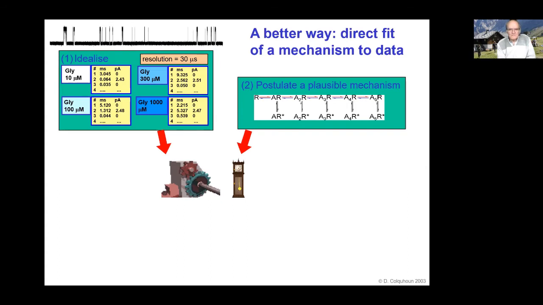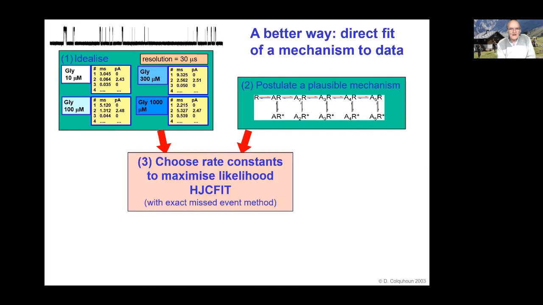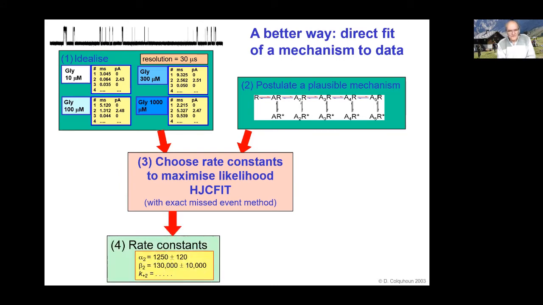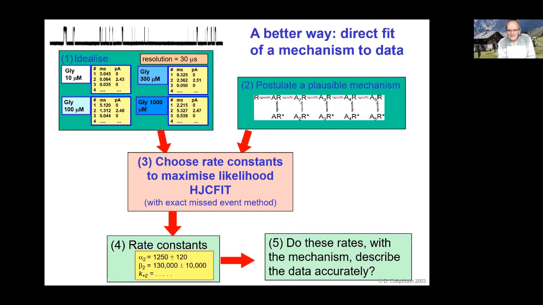We use the maximum likelihood fit in HJCFIT to calculate the rate constants, the elements of the Q matrix, which fit the data best. And we find something like the opening rate for the fully liganded receptor is 130,000. The shutting rate is 1,200 in that case.